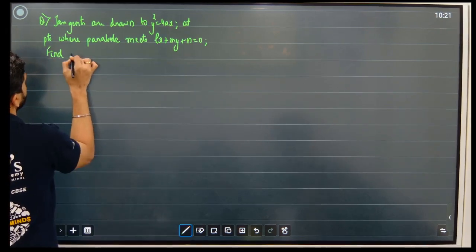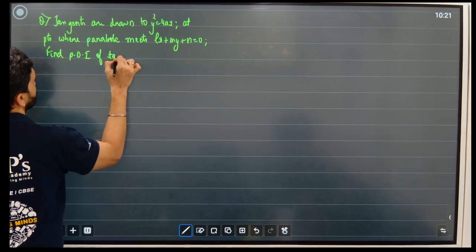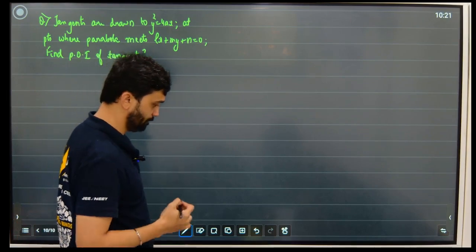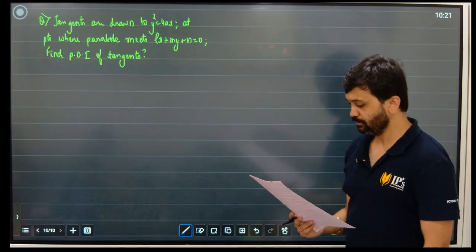Find the point of intersection of tangents.